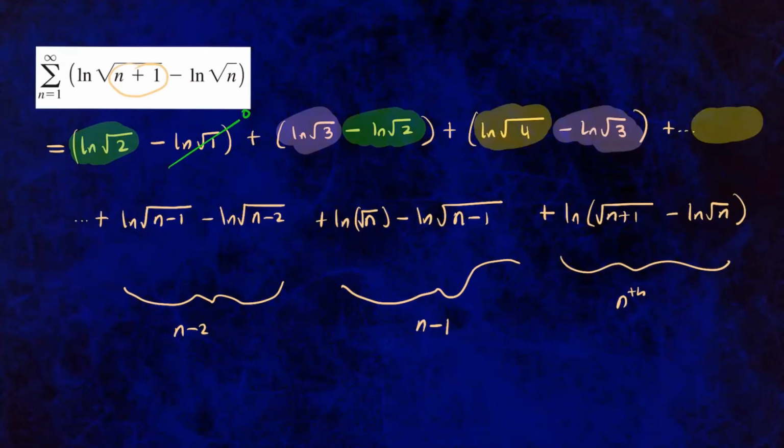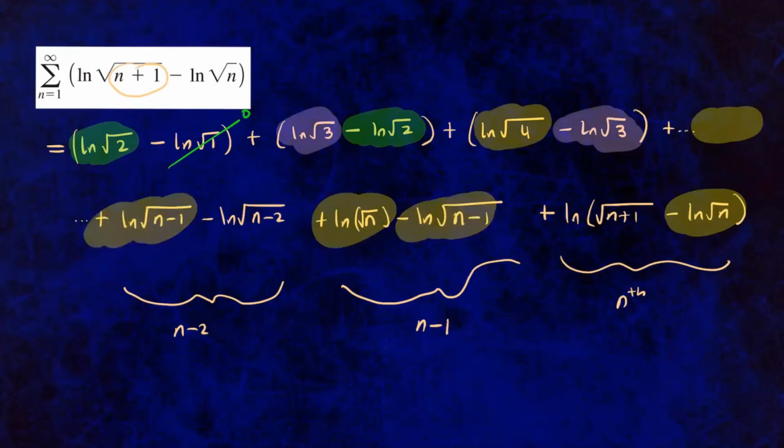Now, if you go to the bottom ones, the nth term and then the n minus 1 and n minus 2 terms, it looks like this one and this one cancel, and then this one and this one cancel. So I bet if you write out the n minus 3 term, this will also cancel. But there's nothing that will cancel this one right here.